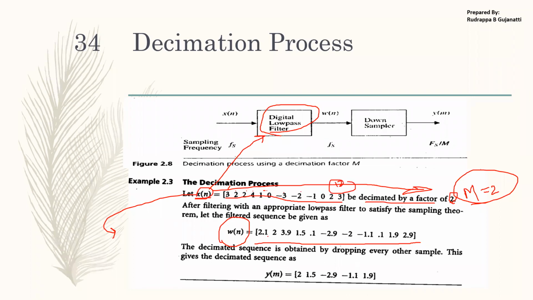So let us check. There should be 12 samples here also. I'll just cross verify. There is some typo error over here in this one. So there should be 12 samples here also.